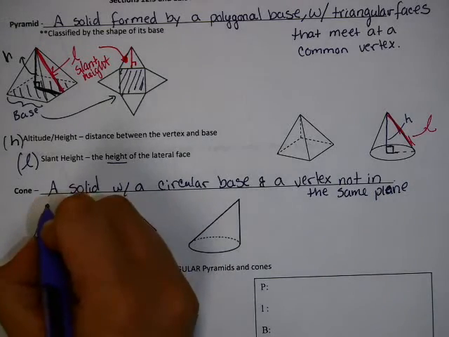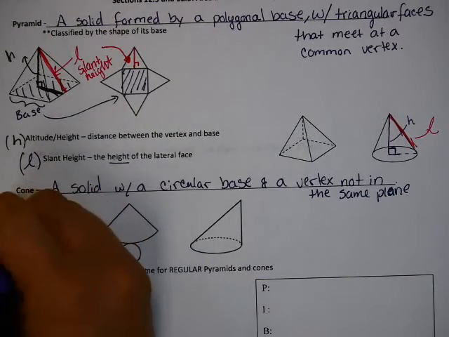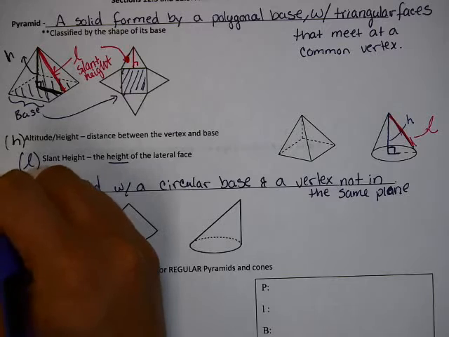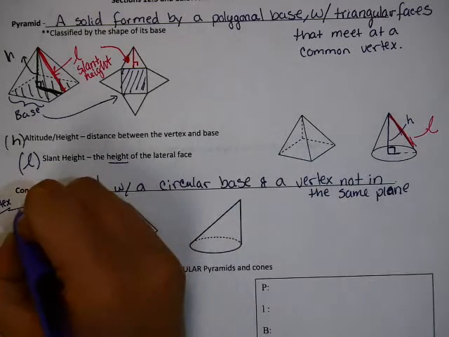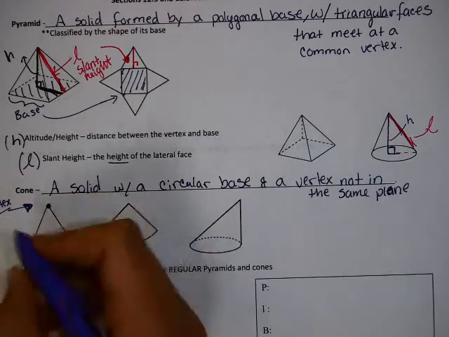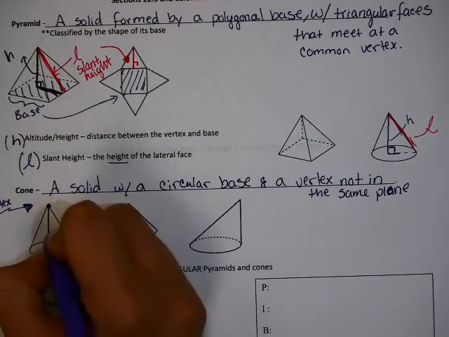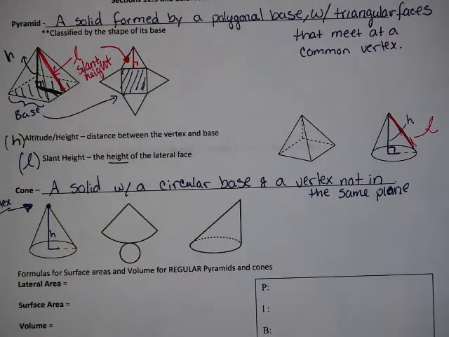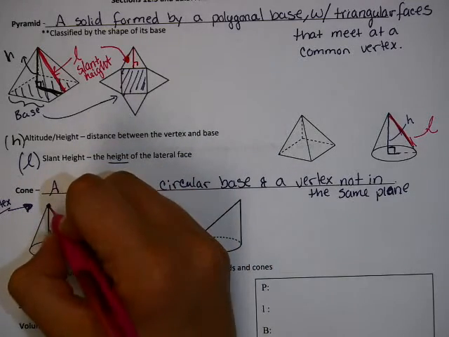So here, this would be the vertex that we're talking about. Okay. Again, here would be your height. This would be the slant height.